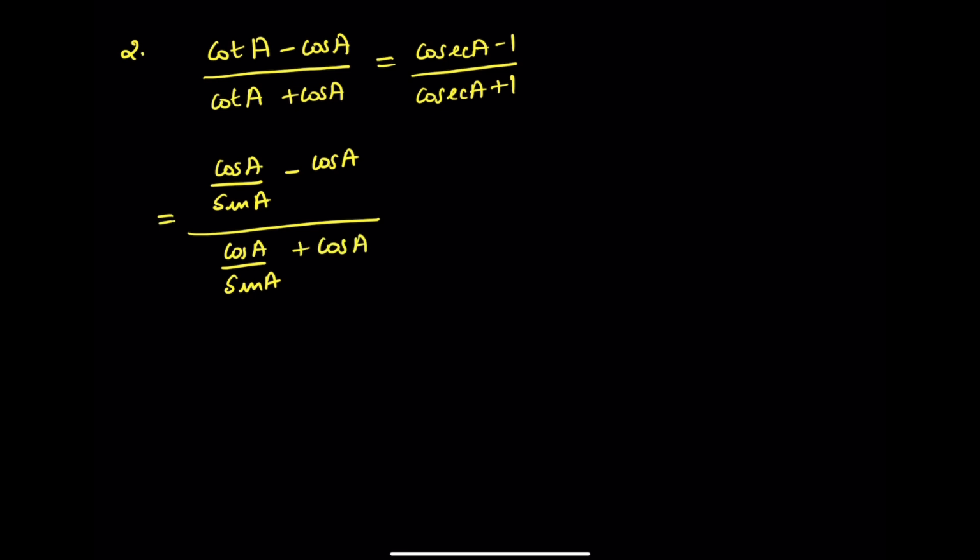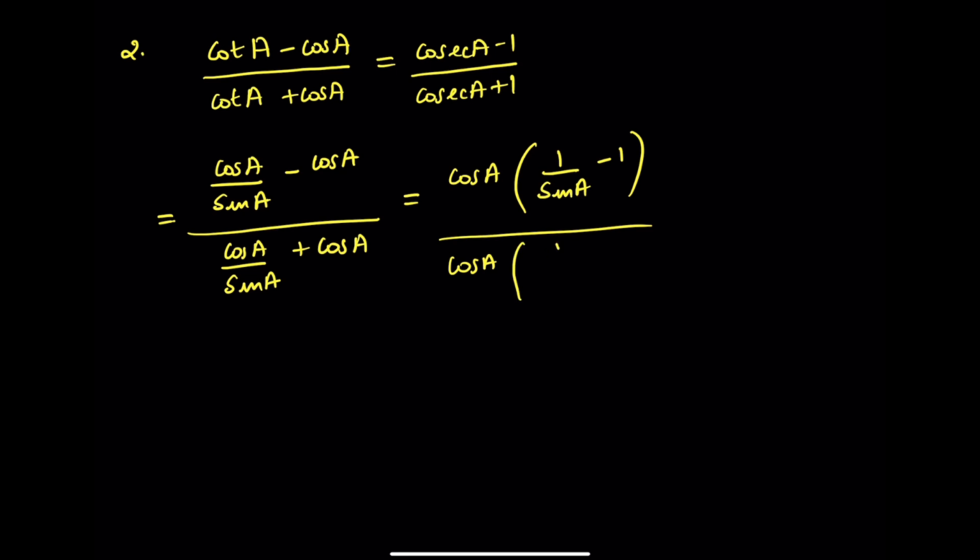Now what can be done here? We see that cos A is common in the numerator. So this can be further written as cos A times 1 by sin A minus 1, divided by cos A is common again in the denominator, so this will be 1 by sin A plus 1.